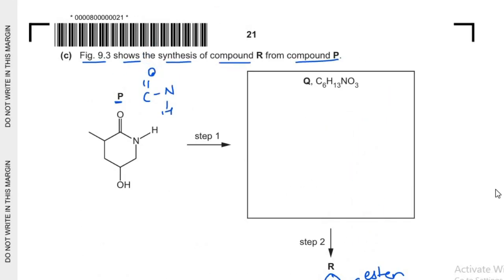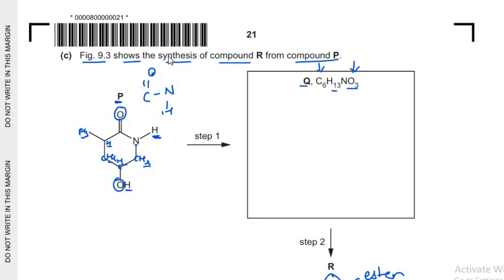Let's understand what is happening to P when it forms Q. If you look at the molecular formula, the overall hydrogen is 13, and counting hydrogen in P, we have CH3, CH here, then CO with no hydrogen, 1 hydrogen here, CH2, again CH and CH2, so 3 plus 1 is 4, and 2 is 6, and 7, 8, 9, 10 and 11 here.